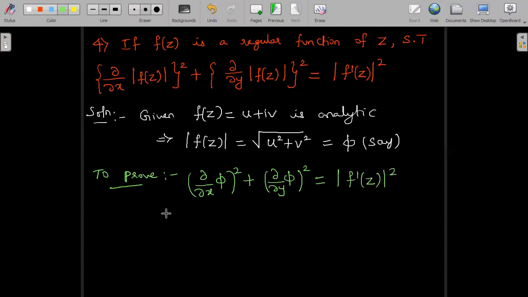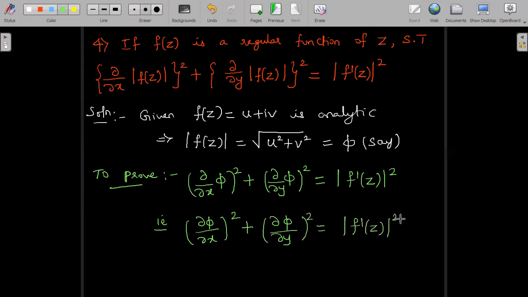In short form, this is one and the same as writing dou phi by dou x the whole square plus dou phi by dou y the whole square is equal to mod f dash z whole square, which I can write as phi x square plus phi y square is equal to mod f dash z whole square.